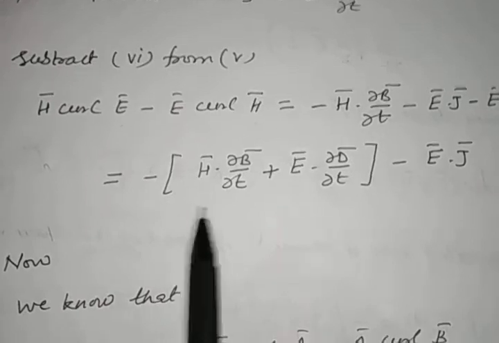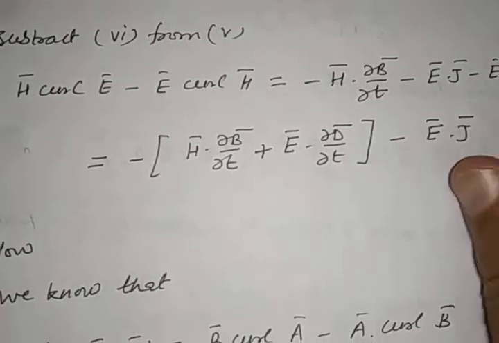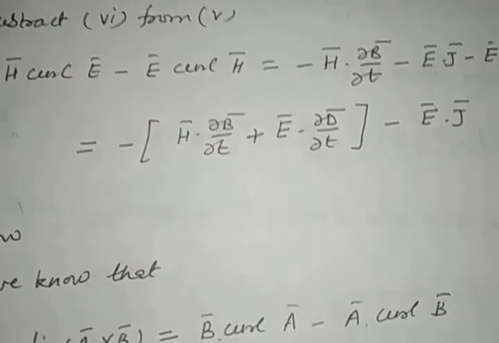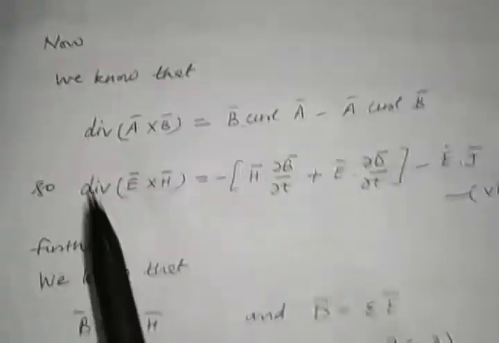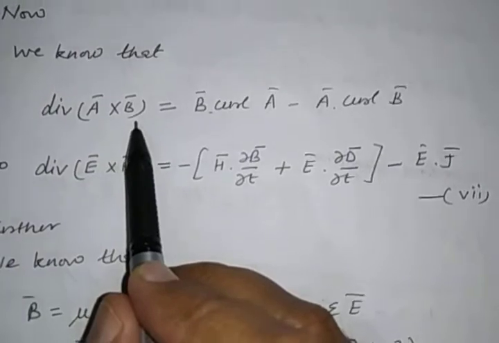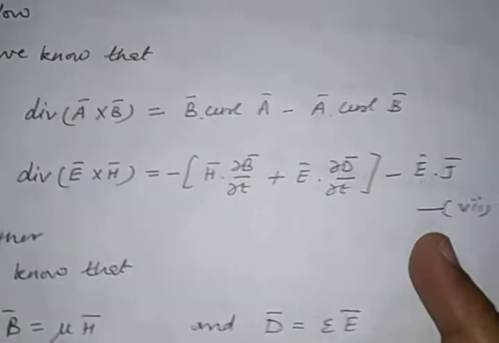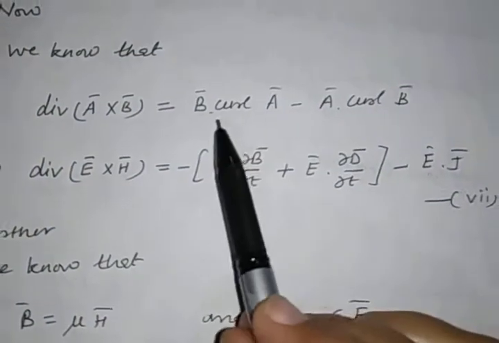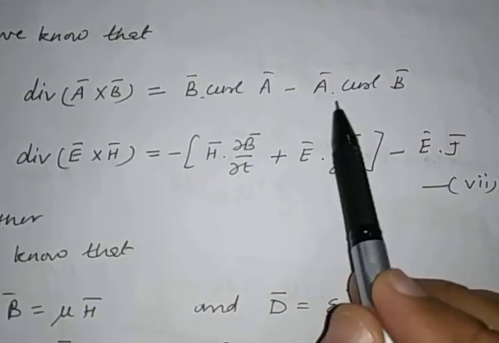These are the three steps you have to perform. After that, you know that divergence of A cross B is a simple formula in differential calculus: divergence of A cross B is B dot curl A minus A dot curl B.